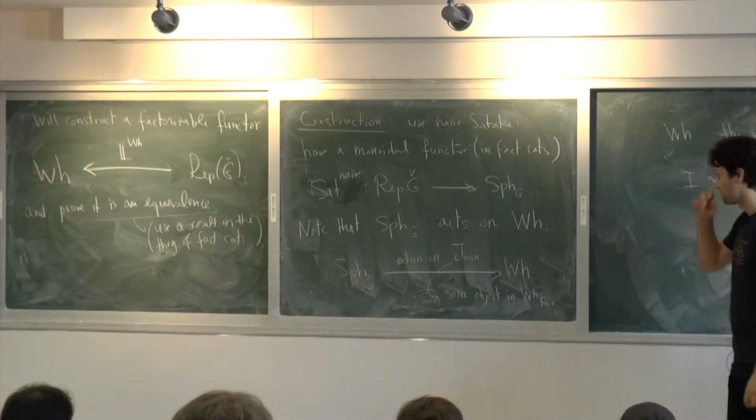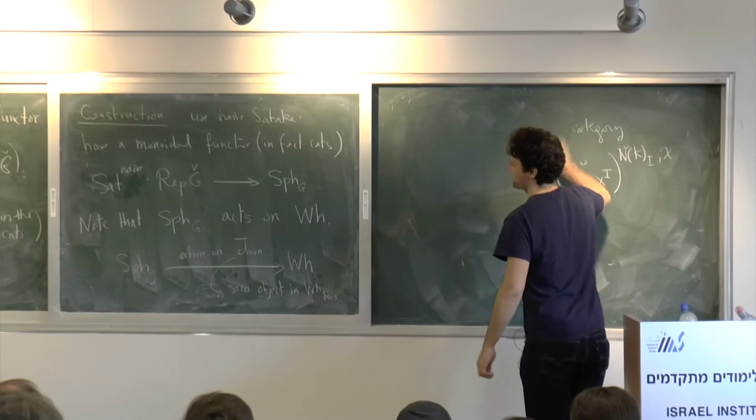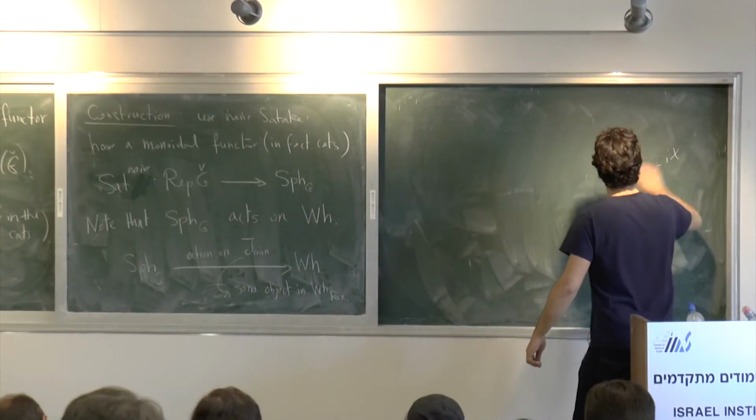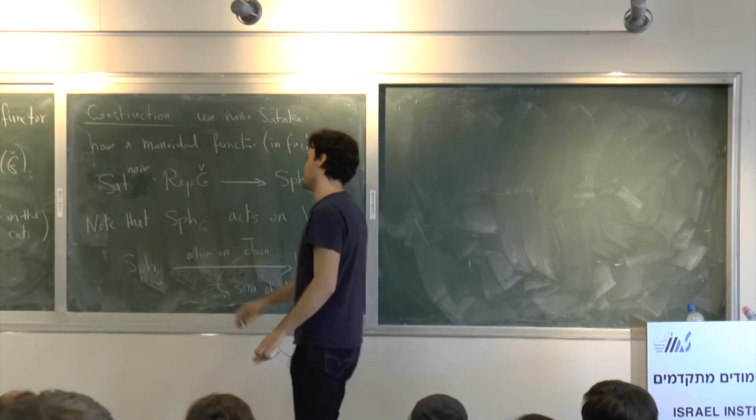So that's the plan. Again, two steps. First, I use the naive Satake, and then I have a nice object in the Whittaker category, and I act on it by the spherical.